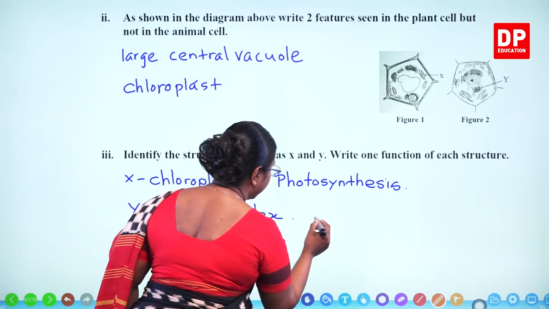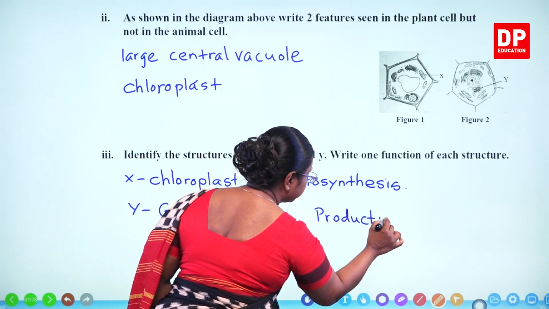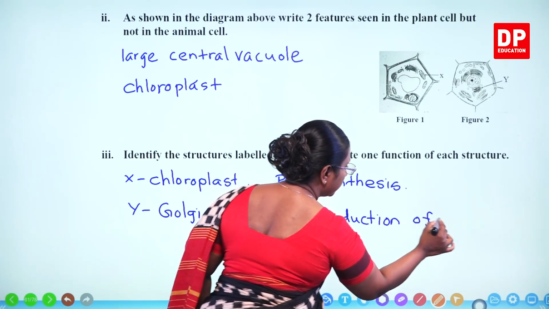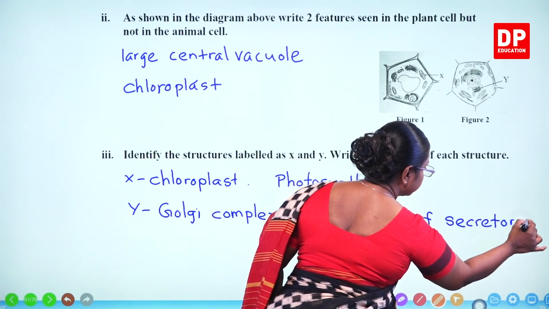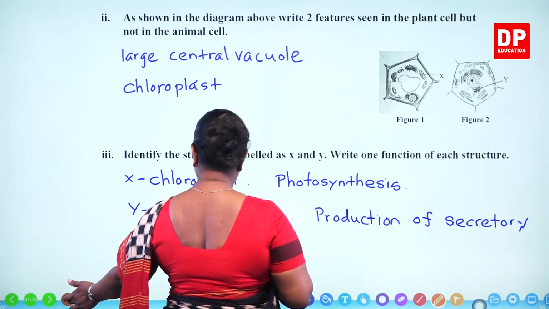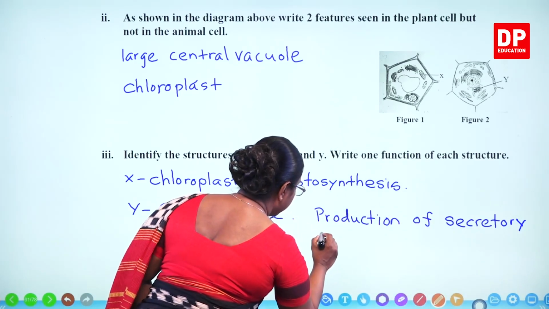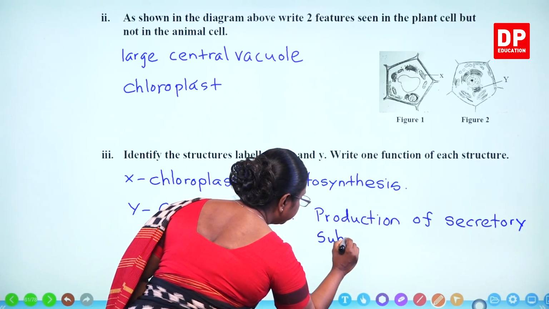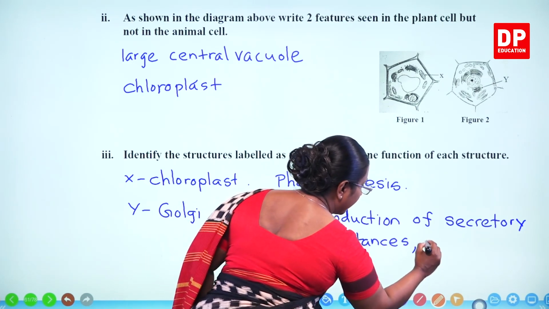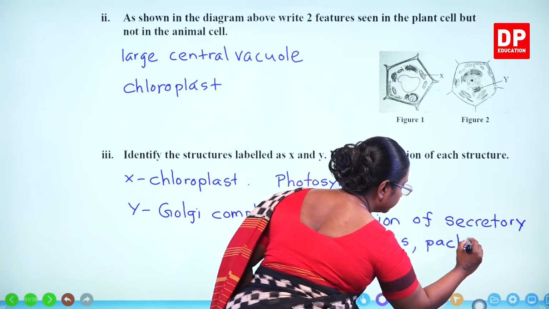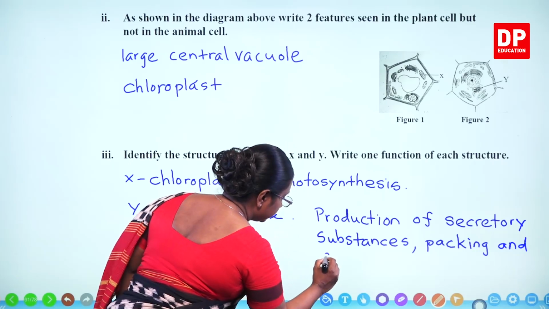So here I can write production of secretory substances, packing and secretion.